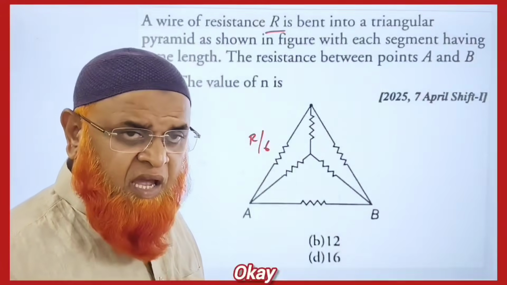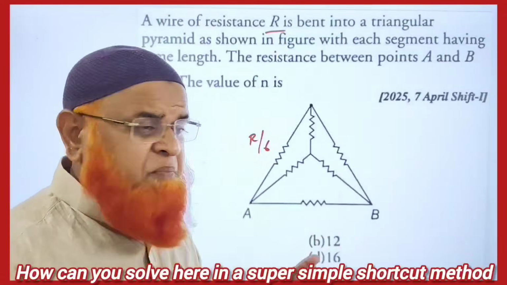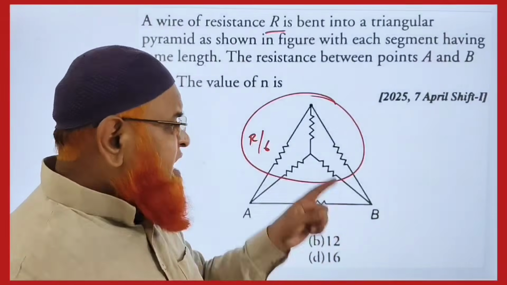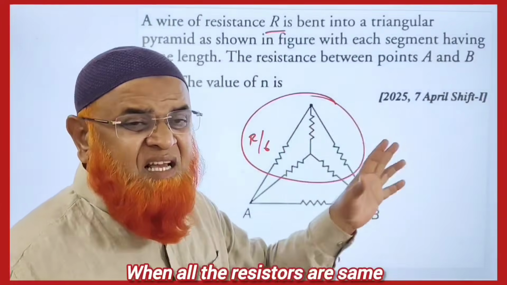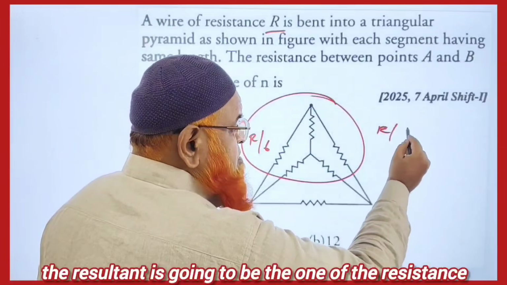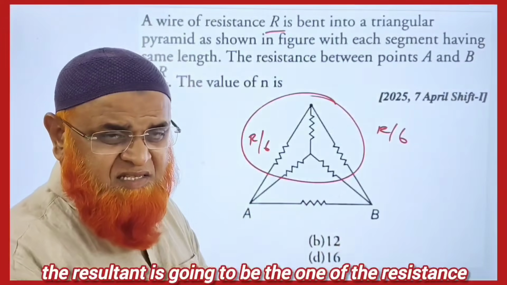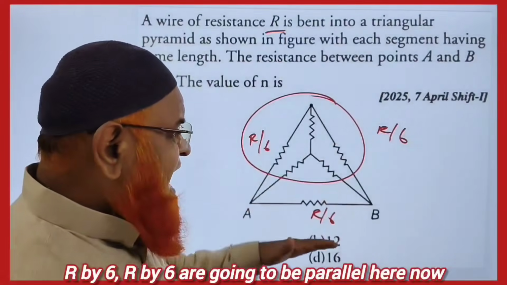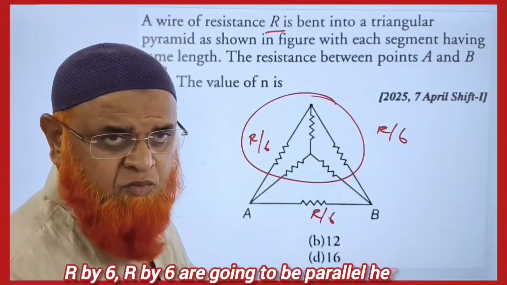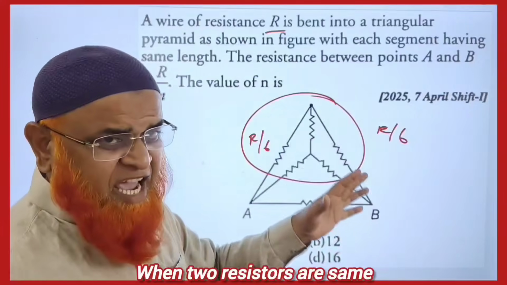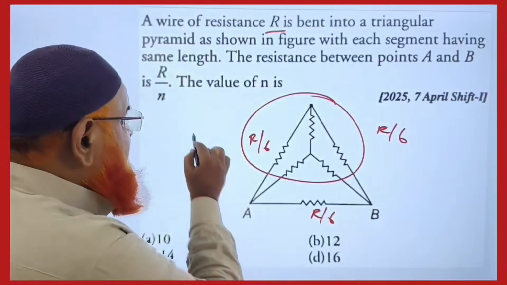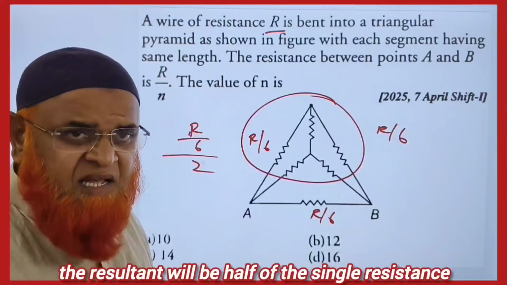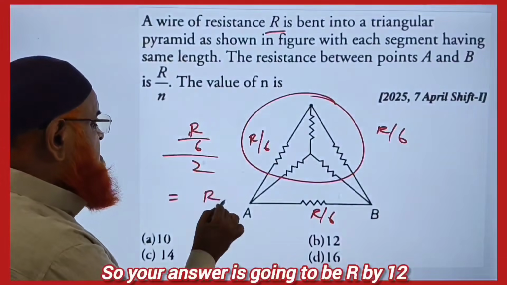In a Wheatstone bridge when all the resistors are the same, the resultant is equal to one of the resistances. Next, this is also R by 6, and they are parallel. When two resistors are the same and parallel, the resultant is half of the single resistance. So your answer is R by 12.